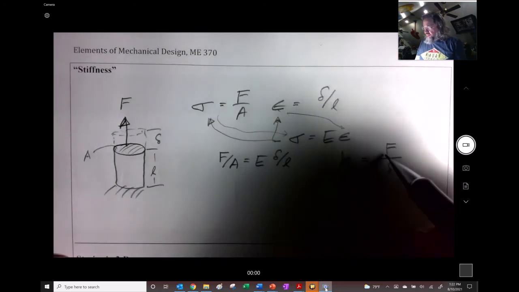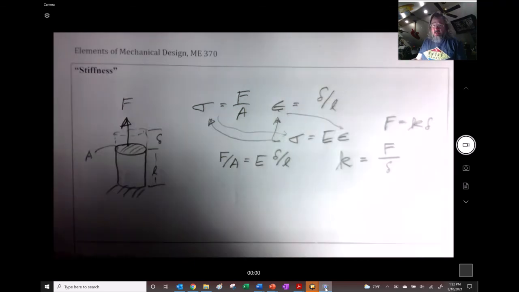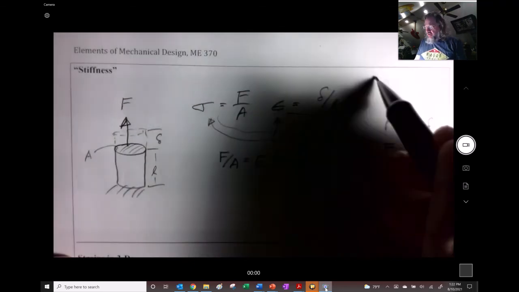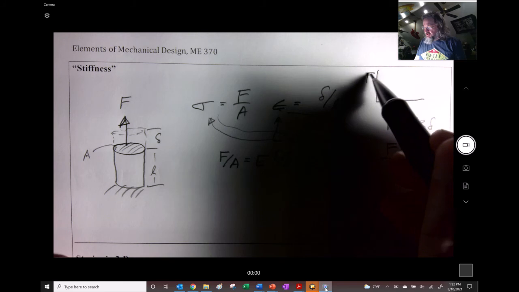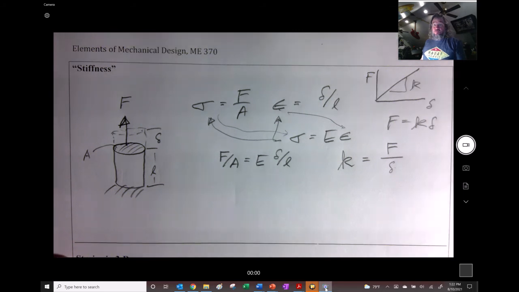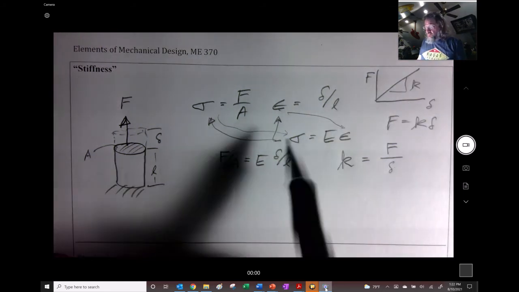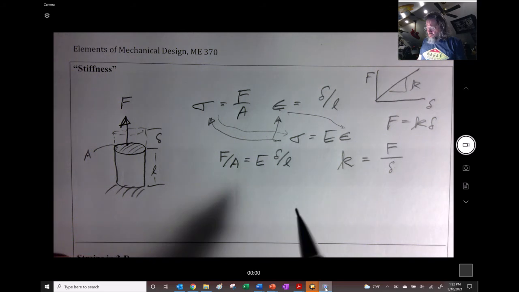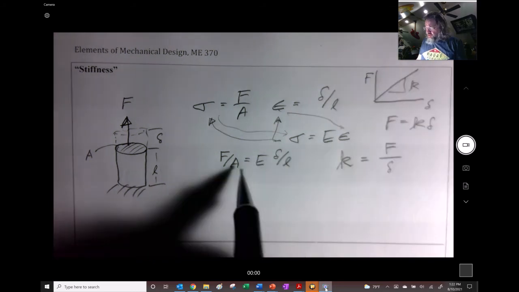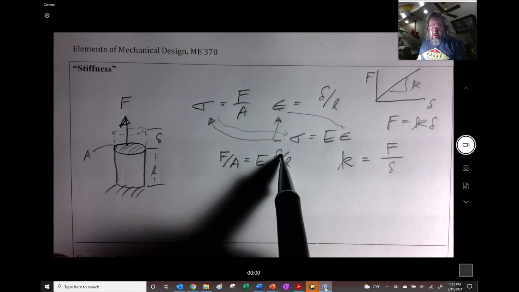If you want to find the force that's required, F is equal to K del, right? That's what that is on a force versus displacement curve. K is the slope for a spring, any spring, well, a linear spring. So we know that this is true. So we could just rearrange this right here with the F and the del.